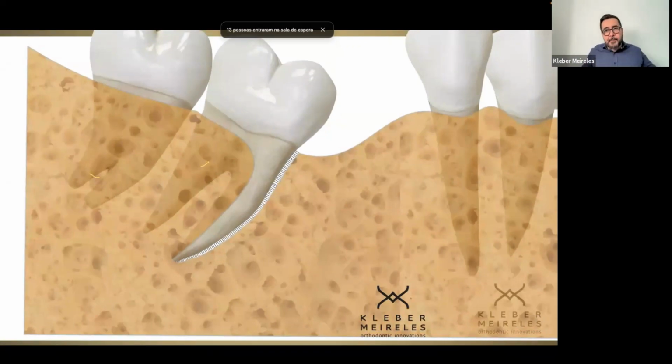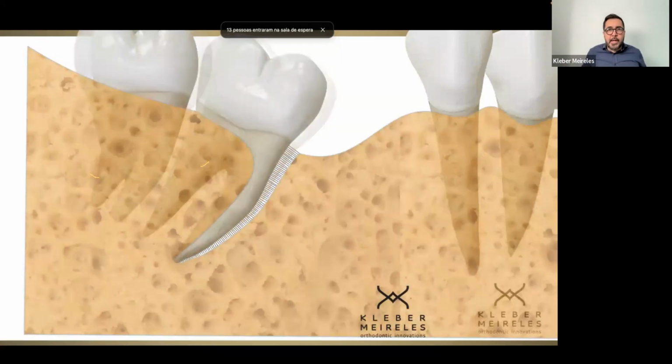What I want here, uprighting the molar. First of all, uprighting the molar. And when I do that in a healthy environment, meaning I have, in this patient, a healthy periodontal apparatus, this is going to take place.